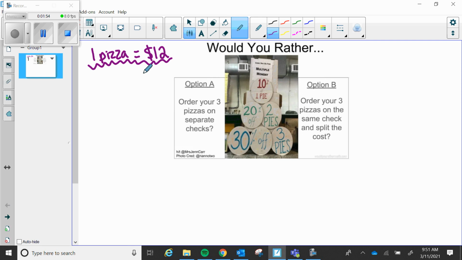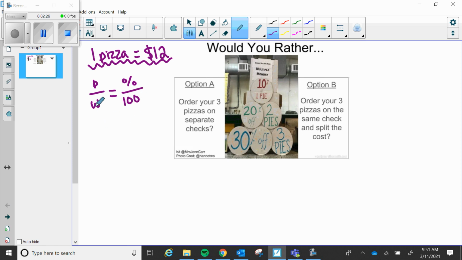So 1 pizza costs $12. Option A is I'm ordering it on 3 separate checks. So I'm just going to solve for 1 check because that would be how much 1 friend pays. And we're trying to figure out what would be cheaper for each of our friends. So 1 pizza costs $12. If I'm trying to figure out what 10% off would be, I'm going to use our ratio part over whole equals percent over 100.